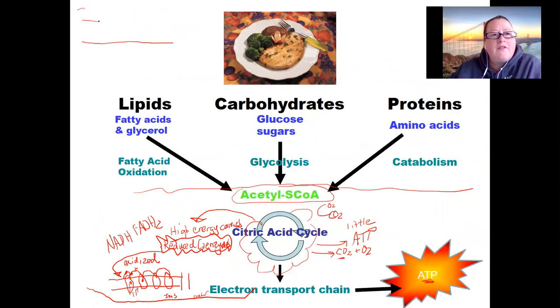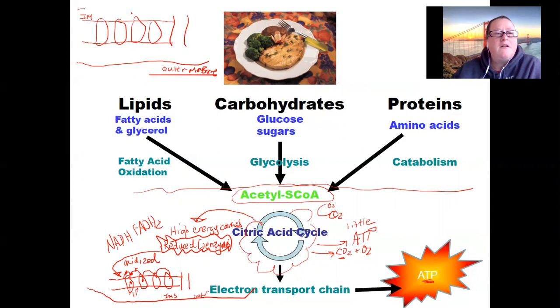So I have the inner membrane here. I have the outer membrane here. And in the inner membrane, we have some proteins and also a channel. And what's happening is our reduced coenzymes, NADH, I'll just use that one for now, is giving off electrons and hydrogen.